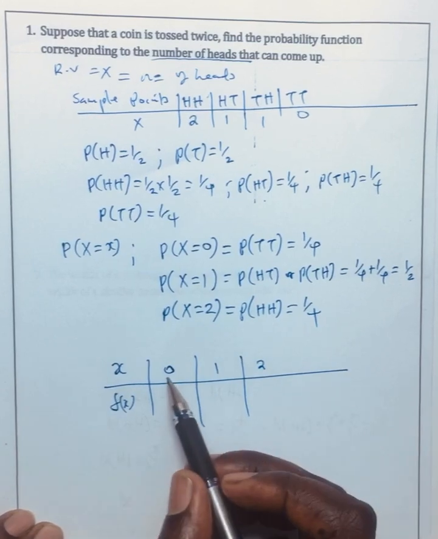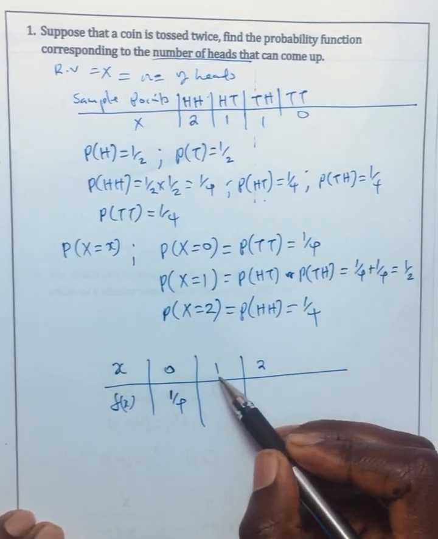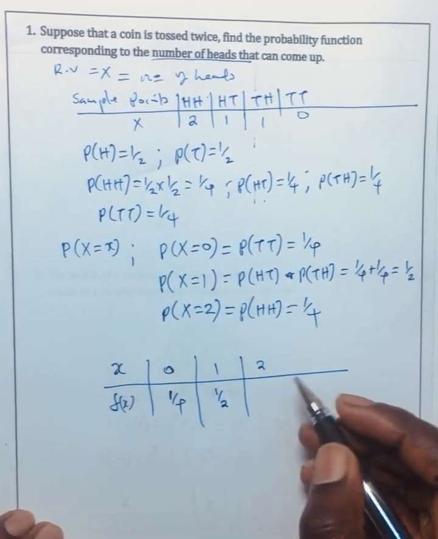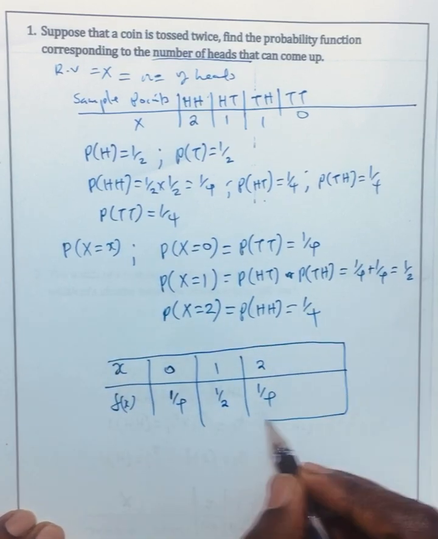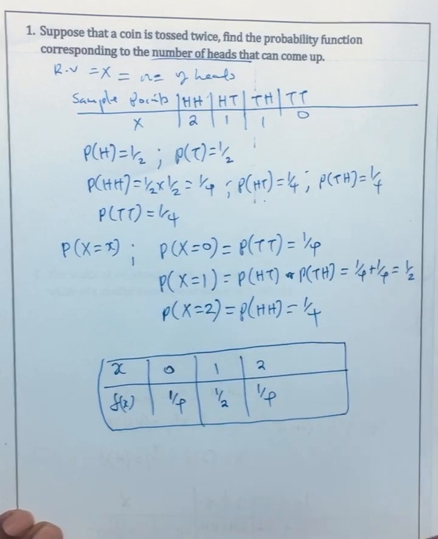The probability when x is 0 is a quarter, when x is 1 is a half, and when x is 2 is also a quarter. So that is our probability function for that particular experiment.